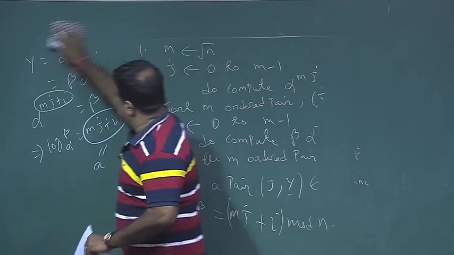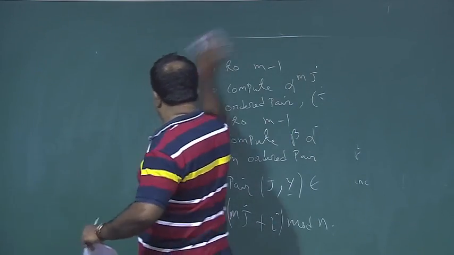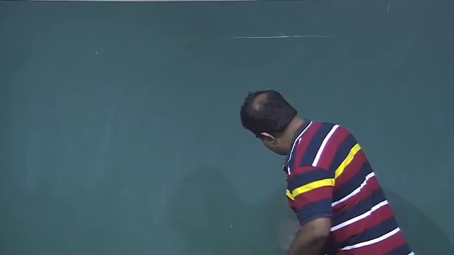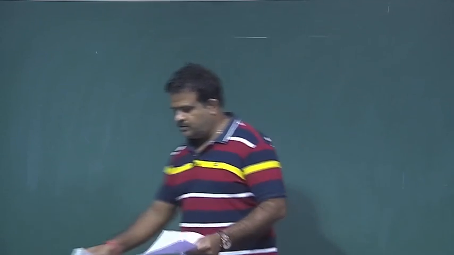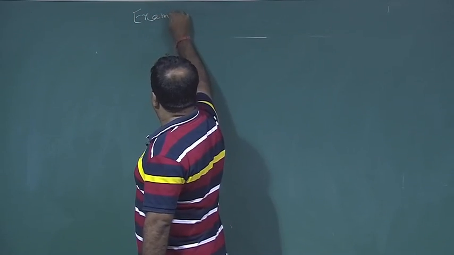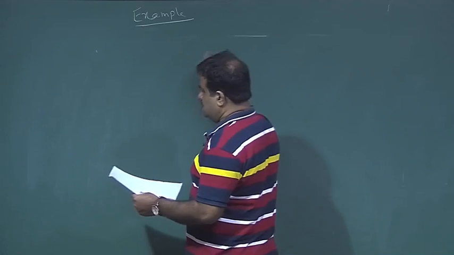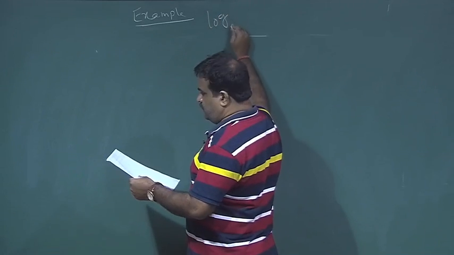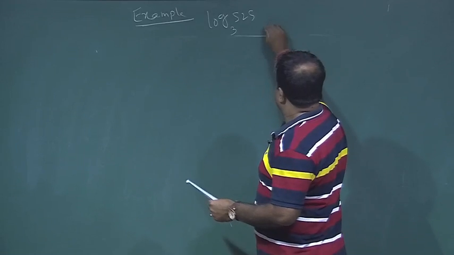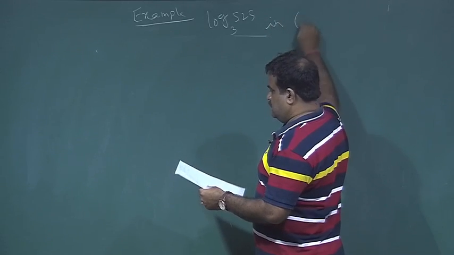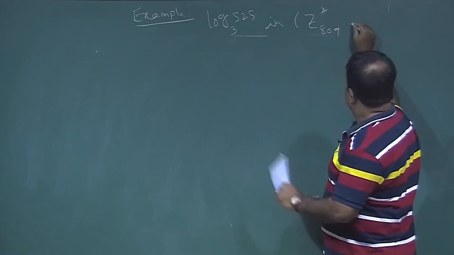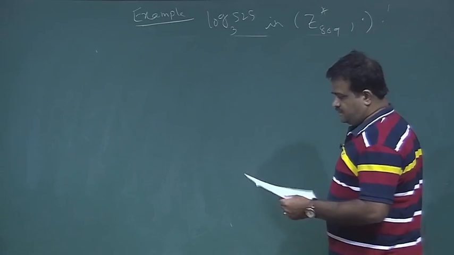So, let us take a quick example on this. Suppose we want to calculate log of 525 base 3 in Z809 star, and this is a multiplicative group.